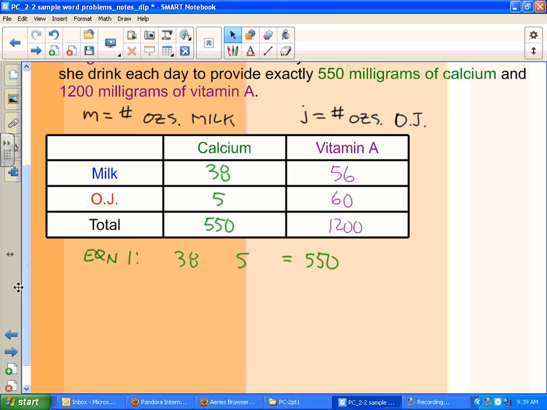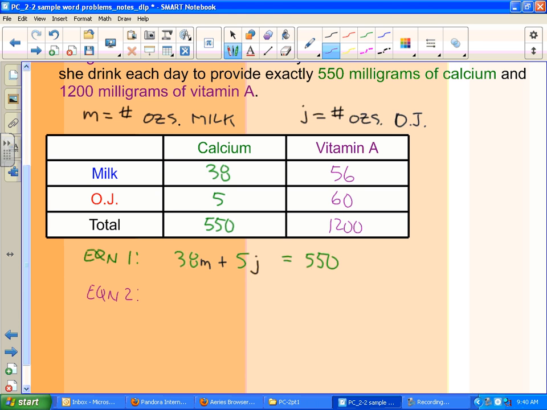And then we just stick the appropriate variables in there. So 38 is for the milk. And we're going to add that to 5 for the orange juice. And that became our first equation, number 1.